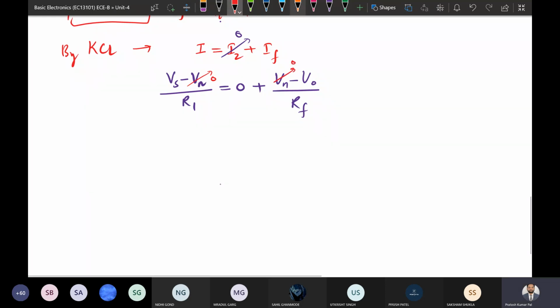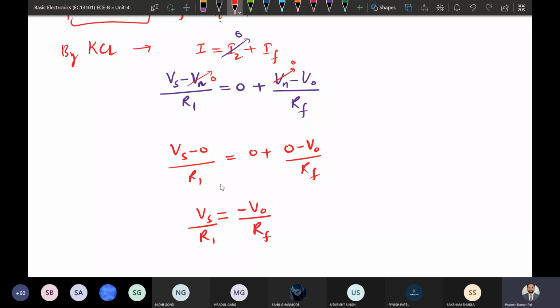So we can proceed directly: Vs minus 0 divided by R1 will be equal to 0 plus 0 minus V naught divided by RF. So it is nothing but Vs divided by R1 is equal to minus V naught divided by RF.